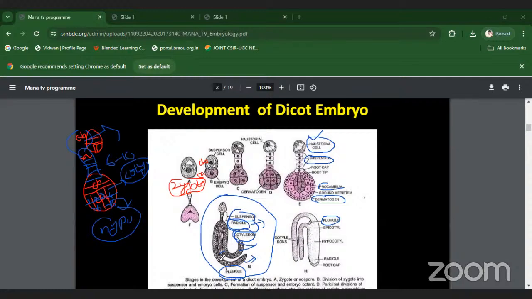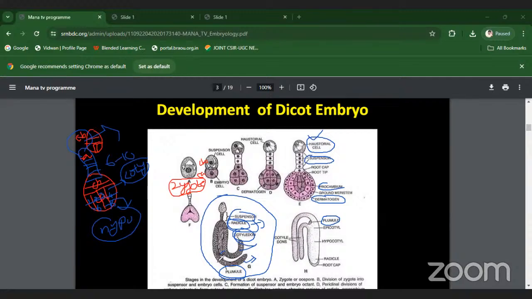Thus, the mature embryo is formed with a central stem apex and two cotyledons on either side. The type is called Onagrad, as it occurs in the family Onagraceae, a dicot. This is given in our book, and this much you have to write in the examination also. Is it clear?